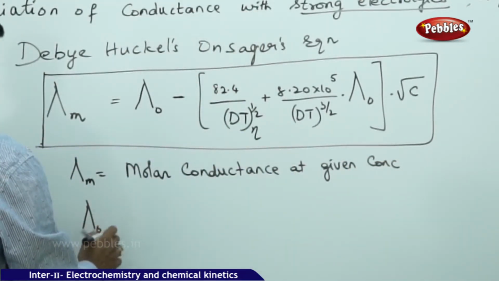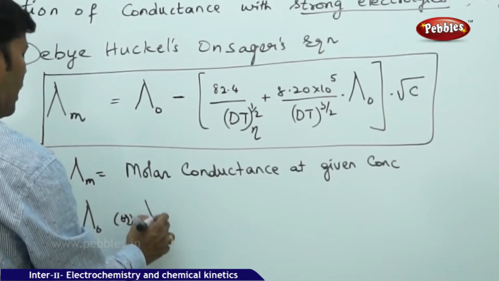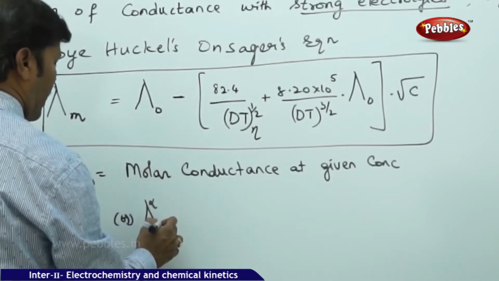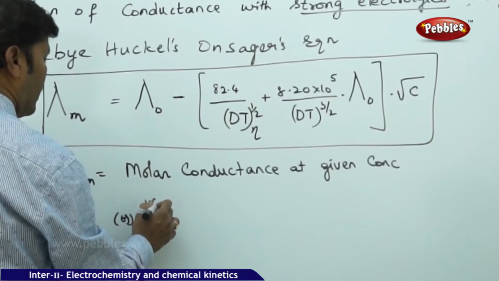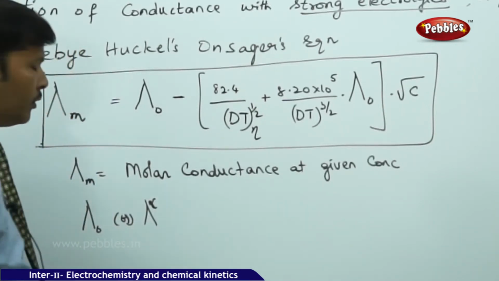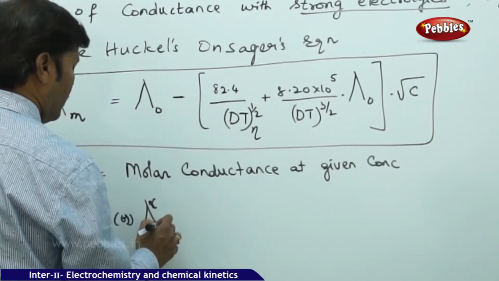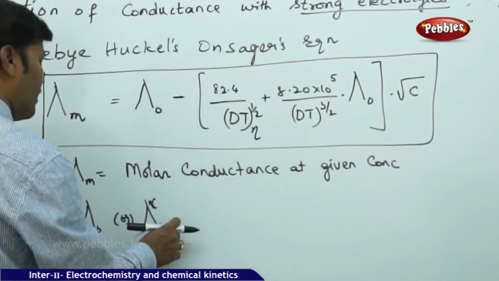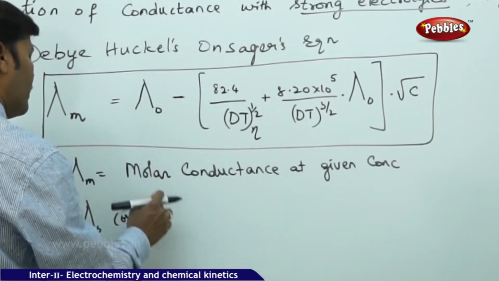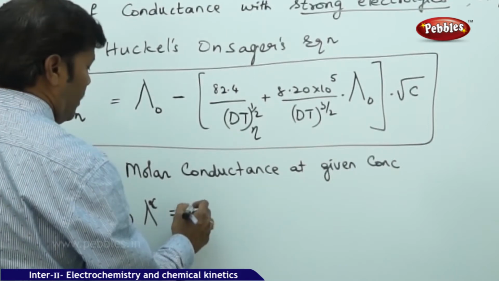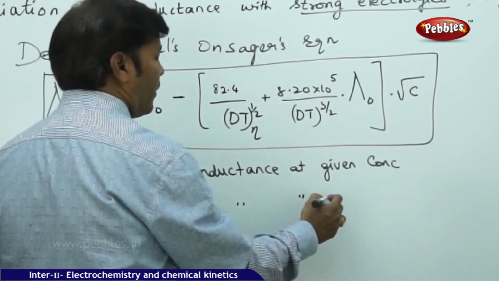Lambda naught, or simply lambda infinity, is the equivalent or molar conductance at infinite dilution.